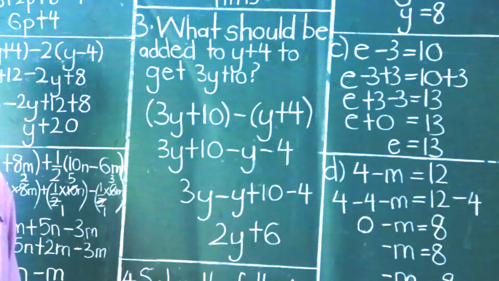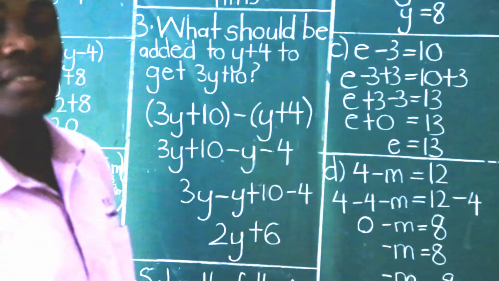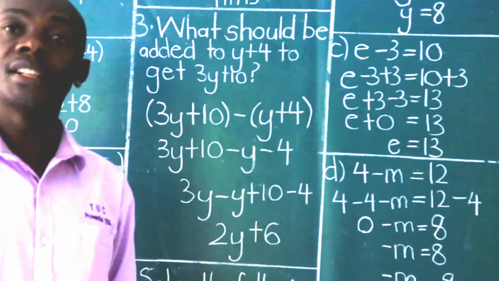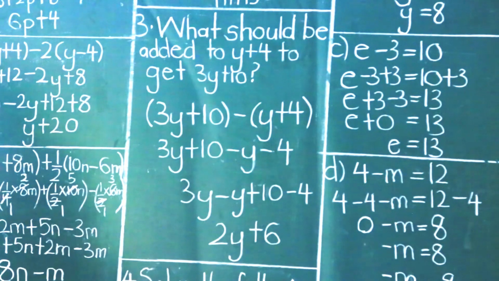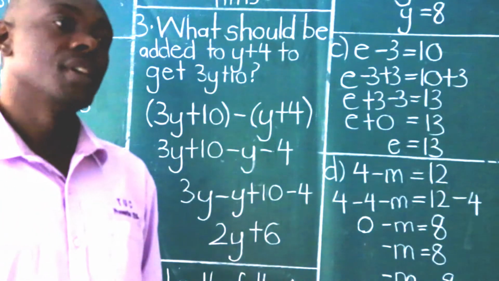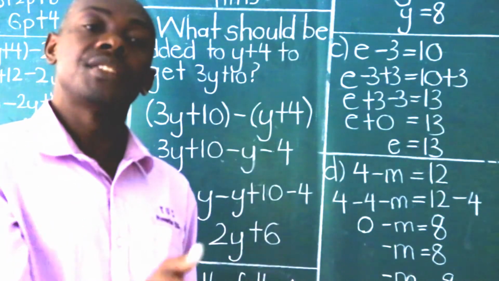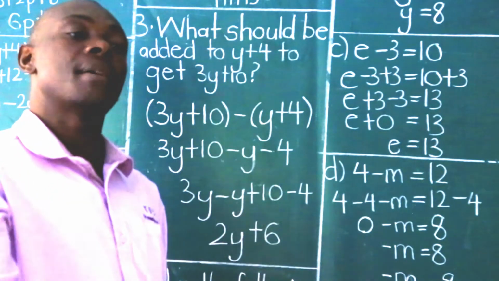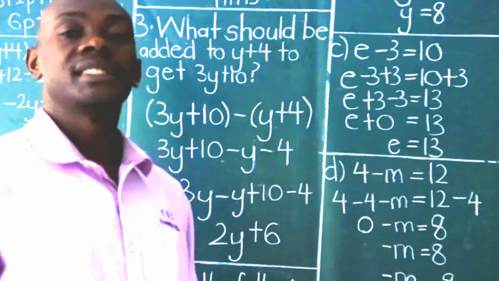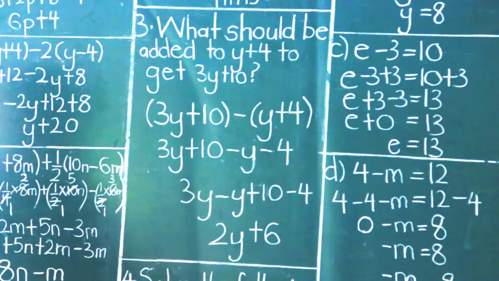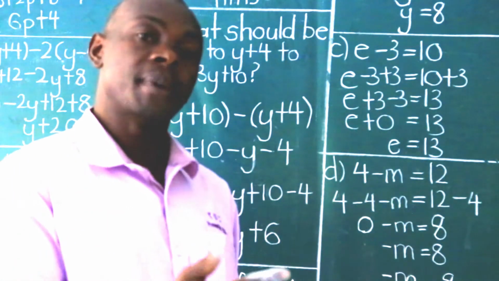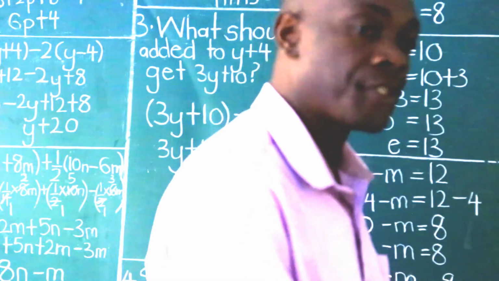What should be added to 3 to get 10? John says it's 7. So, what should be added to 3 to get 10 is the same as subtract 3 from 10.